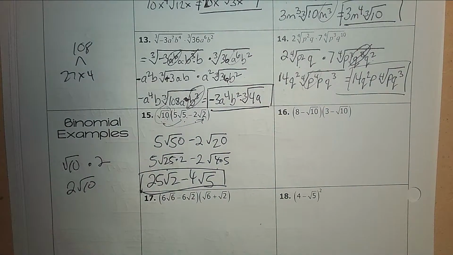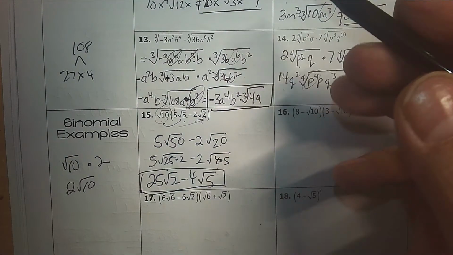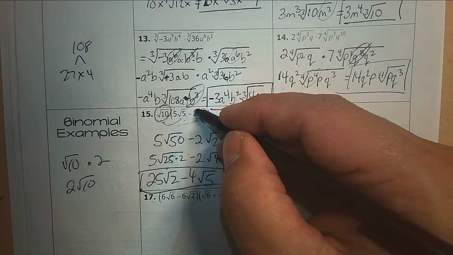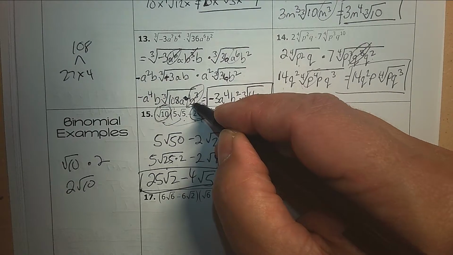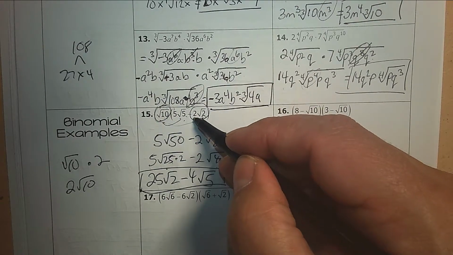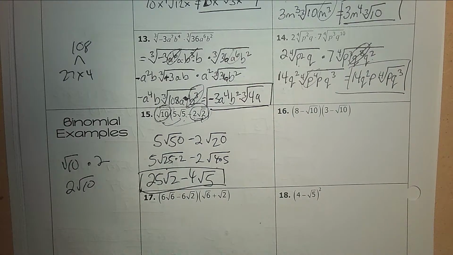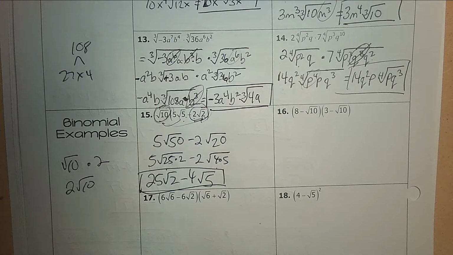Because one is an irrational number, and one's a rational number, they only go beside each other. See, when I go root 10 times 2 root 2, the root 10 and the 2 go beside each other, and there's still another root 2. Only the root 10 and the root 2 multiply, because they're like radicals.